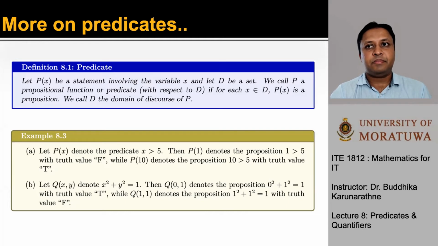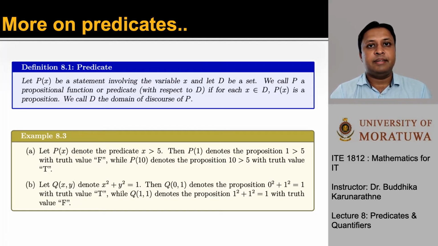Next example, let Q(x,y) denote x squared plus y squared equal to 1. Then we can have different values for x and y, in which case Q(0,1) denotes the proposition 0 squared plus 1 squared is equal to 1.